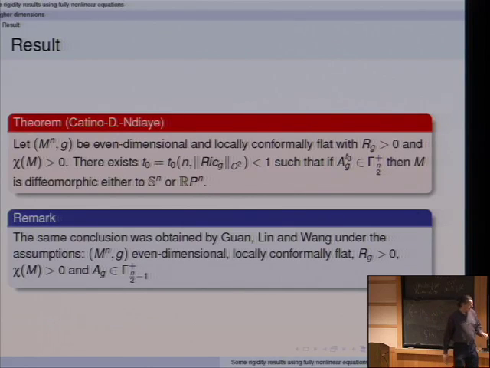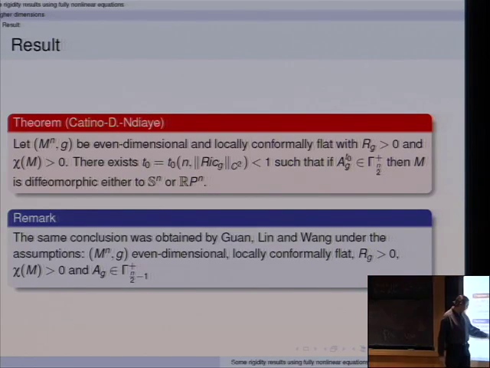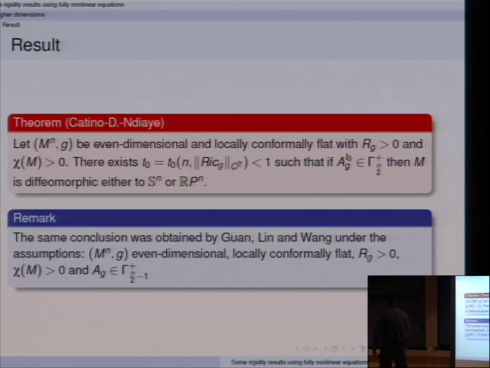But they assume that A_g 1, so with the parameter 1 here, is in this cone. So they ask for the positivity of all these symmetric functions up to n over 2 minus 1. And they have the same conclusion. Actually, with our method, we can also prove their result using the same method. Okay, so I stop here.